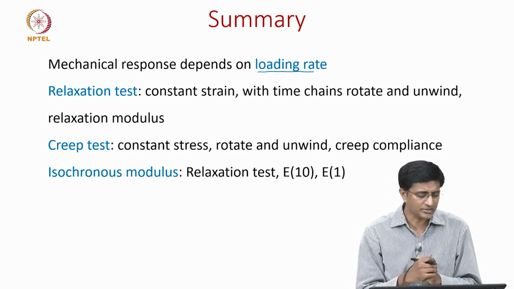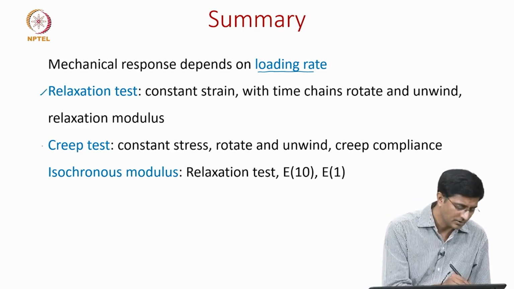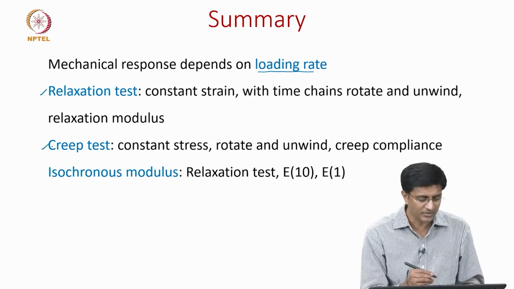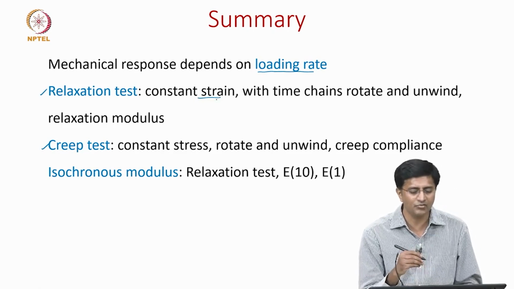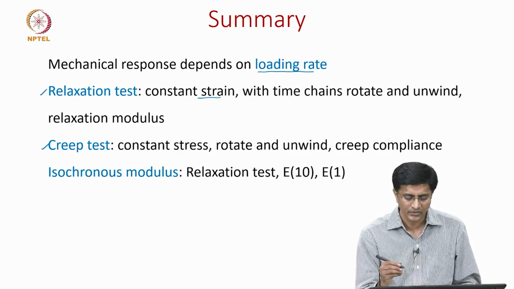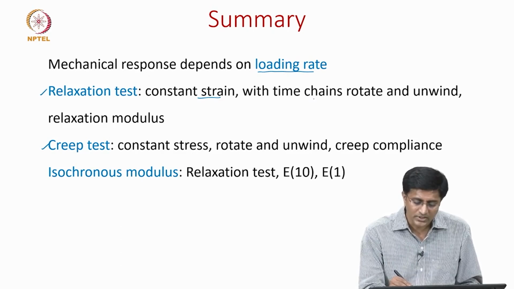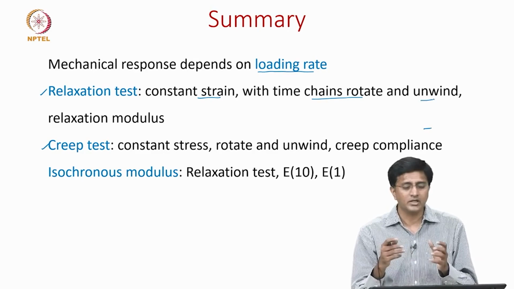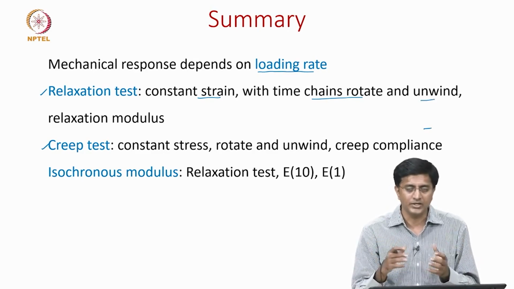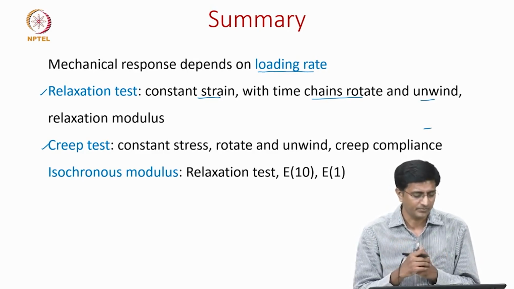Then we also discussed two important tests, which are the relaxation and creep tests. In relaxation, the input is a constant strain and we measure the stresses. We have seen that because of the rotation and unwinding of the chains, the stresses reduce given more time.